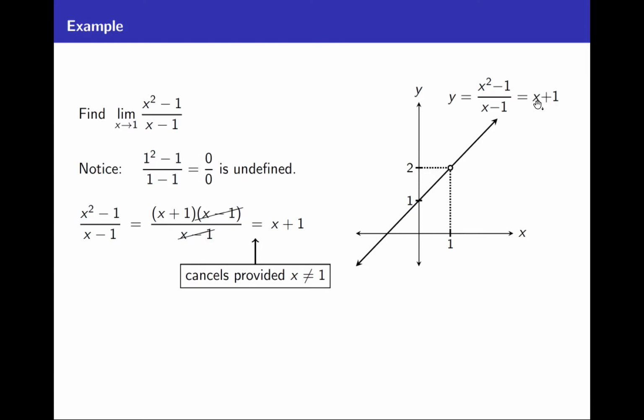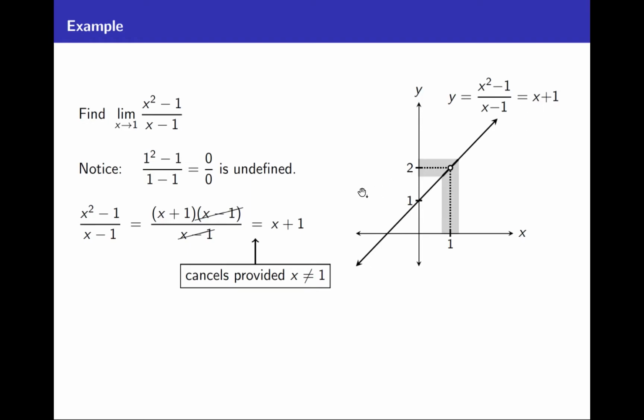This cancellation only works here for x not equal to 1. So at x equals 1, there's a hole in the graph. And that hole occurs at a y-coordinate of 2, because that y-coordinate is 1 plus 1.